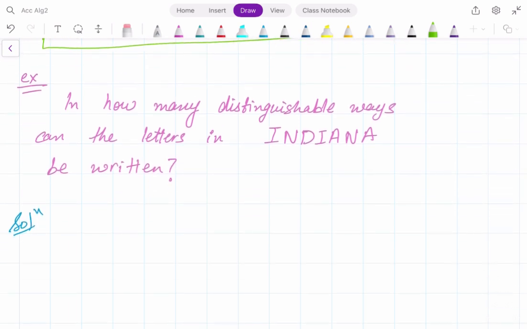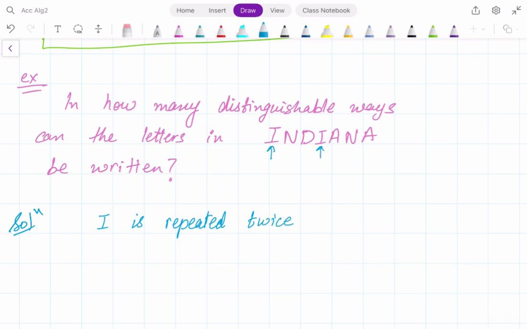If you read this question, in how many distinguishable ways can the letters in this particular word be written? How will I approach it? I will count how many times one particular letter is repeating. As you can see, I is repeated twice. So that is my n1.